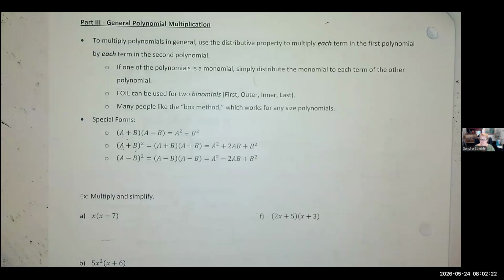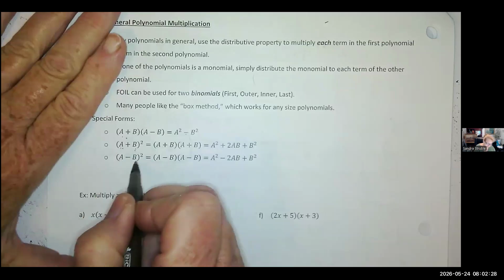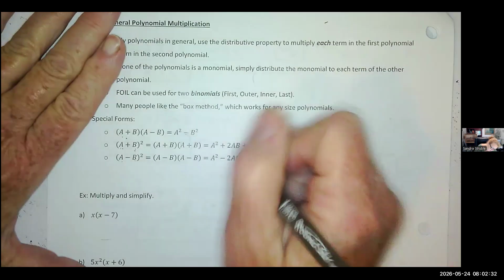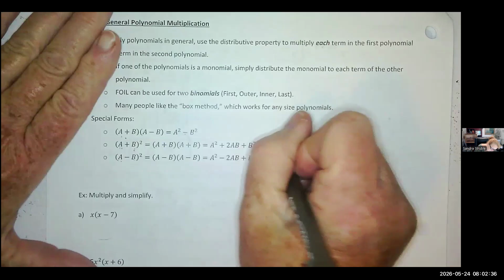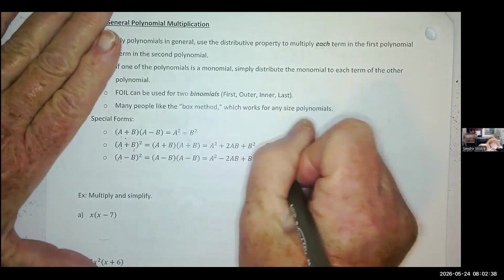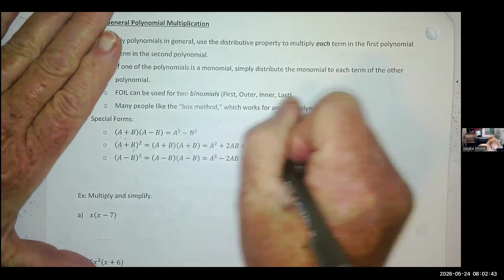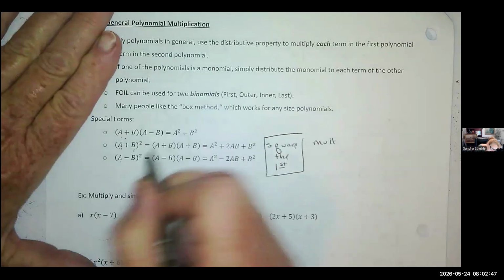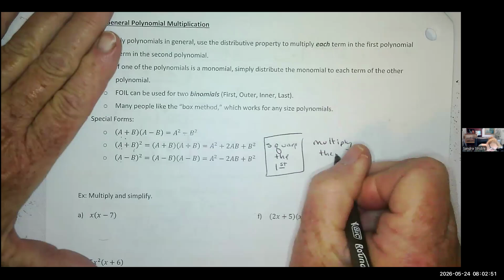You do it the same way for both of these. You square the first, multiply them together and double it, and square the last. I'm going to write that for you. Square the first. That's the first part. Multiply them together. They're both exactly the same. Multiply them together and double.